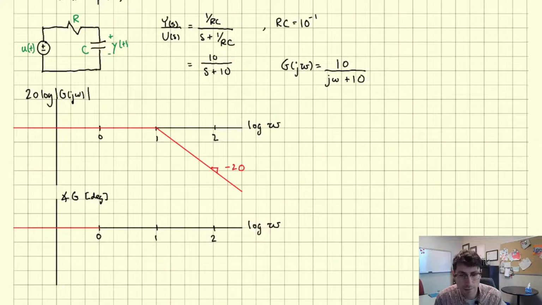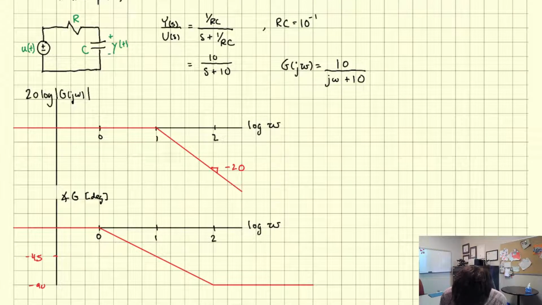And so that's a negative 90 degrees. And then you do linear interpolation in between, and you get your asymptotic Bode plot.